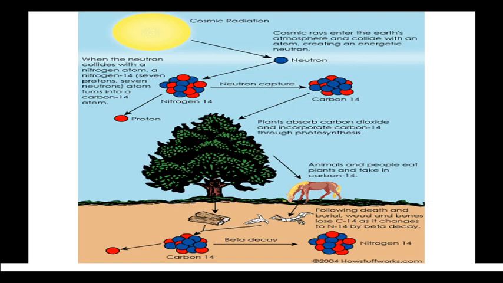As a result of beta decay, as you can see in the picture, this carbon 14 undergoes beta decay and again forms nitrogen 14. Carbon 14 has a half-life of 5730 years.